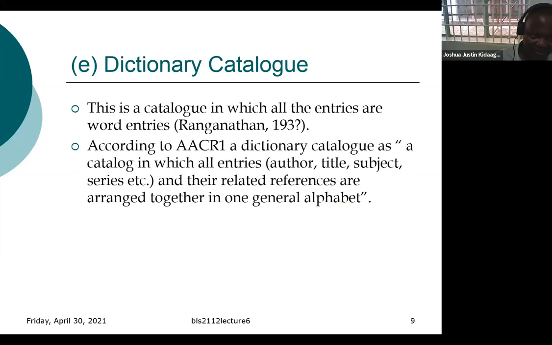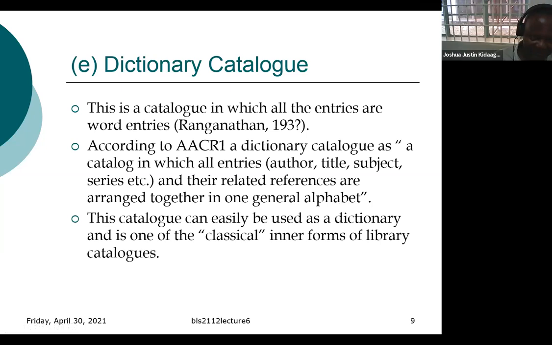According to the Anglo-American Cataloging Rules, Edition 1, a dictionary catalog is defined as a catalog in which all entries, that is the author, the title, the subject, the series, the name, and their related references are arranged together in one general alphabet.